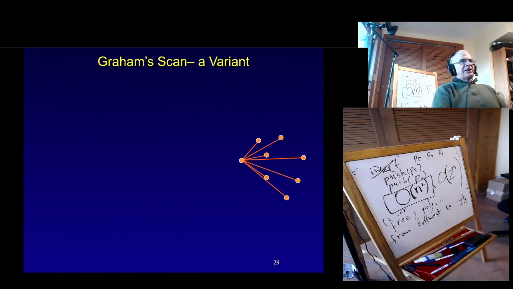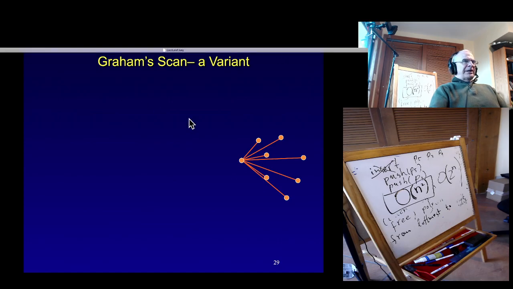Instead, I'm computing all the points immediately, and now I'm not going to sort them based on X or based on Y. Instead, I'll find the leftmost point, and think about the angle at which the leftmost point sees each one of the other points.